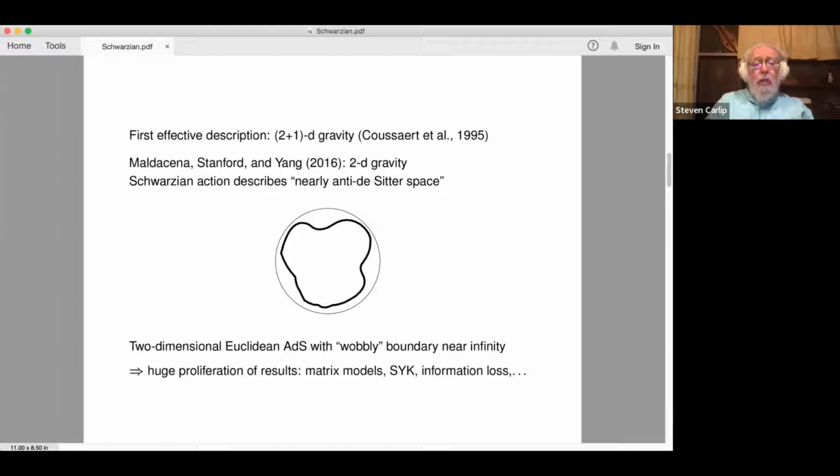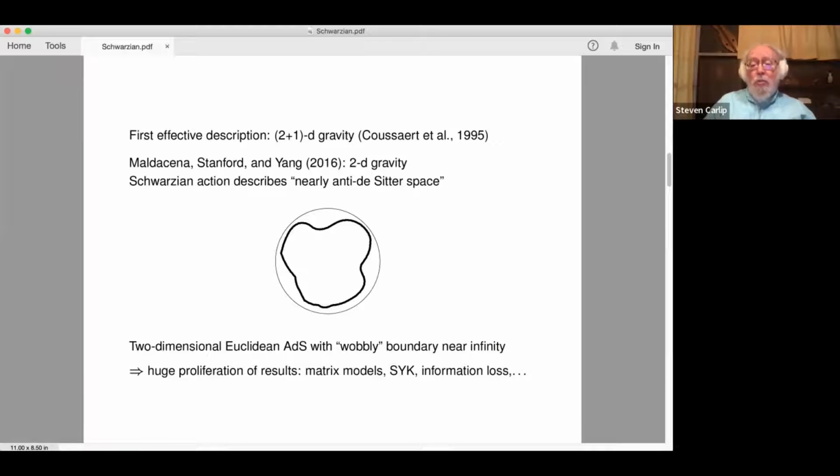And what they showed is that the resulting effective theory, which describes the shape of this boundary and therefore characterizes the diffeomorphisms normal to the boundary that could move it, is described by a Schwarzian action.